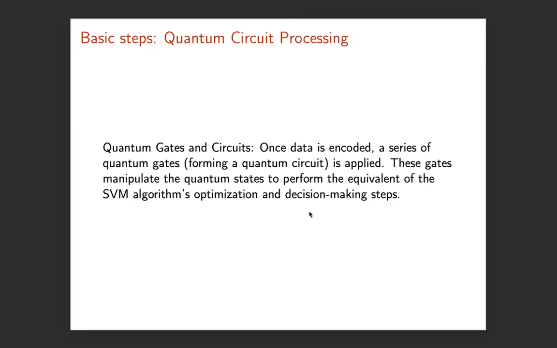So once the data is encoded, a series of quantum gates, which forms a quantum circuit, is applied. These gates manipulate the quantum states to perform the equivalent of the support vector machine's algorithms, optimization, and decision-making steps.